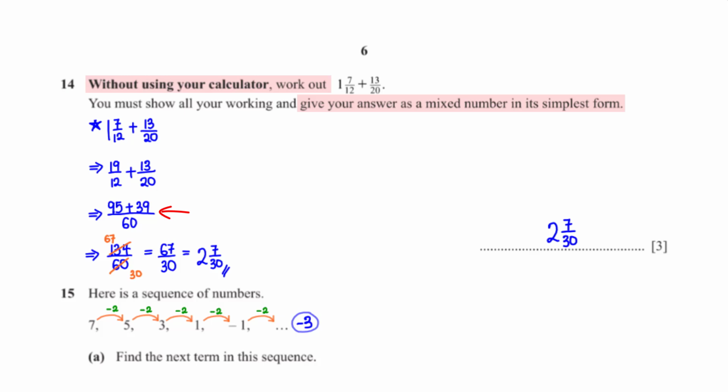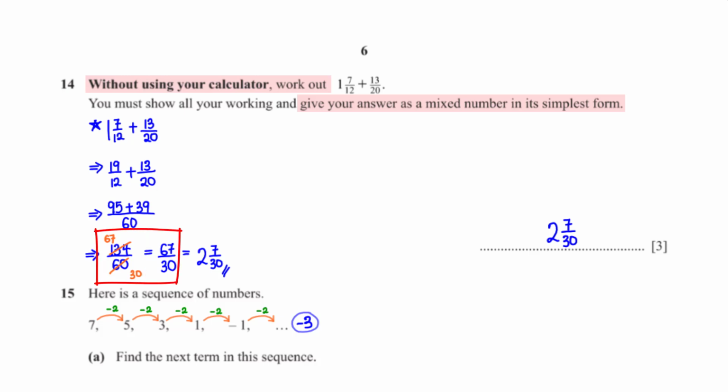For 13 over 20, since we multiply the denominator by 3 to get 60, we also need to multiply the numerator, which is 13, by 3 to get 39. 95 plus 39 is 134. 2 goes into 134 67 times and 2 goes into 60 30 times.